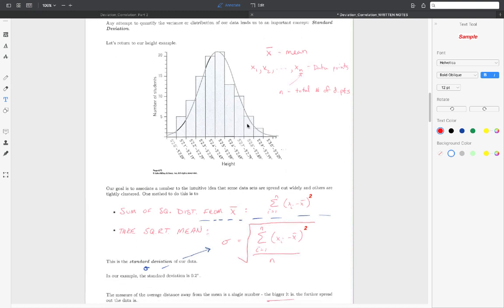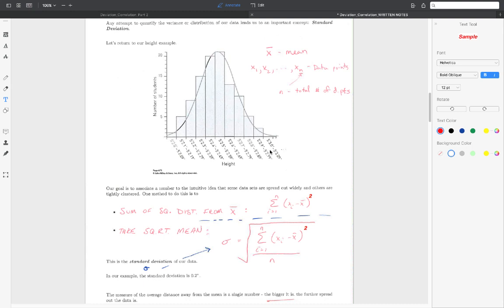All right, so our goal is to associate a number to the intuitive idea that some data sets are spread out widely and some are more tightly clustered. And we're going to do it via standard deviation. The first thing we might want to do, a good instinct, is to say, well, let's measure how far apart all of the data points are from the mean. If they're all very close to the mean, then it'll be a tightly bunched group.